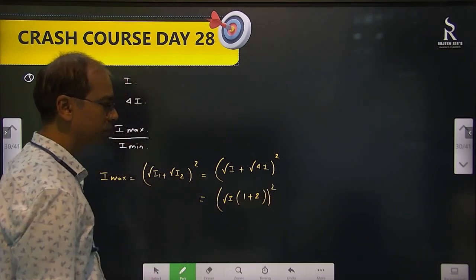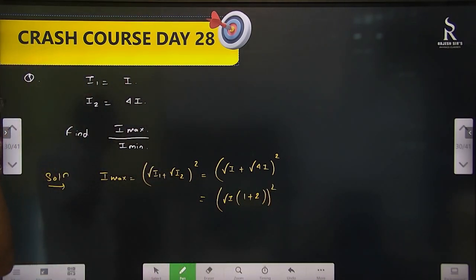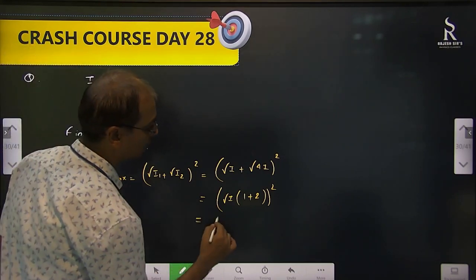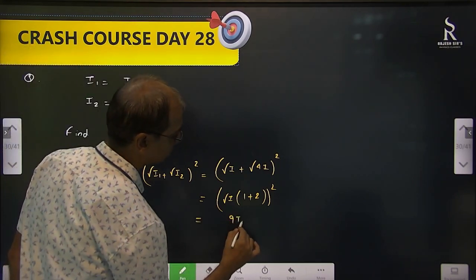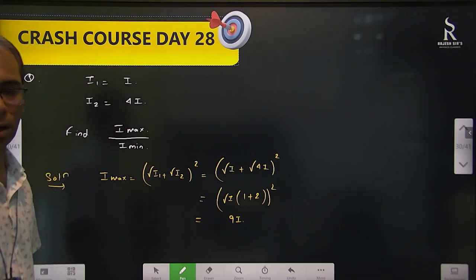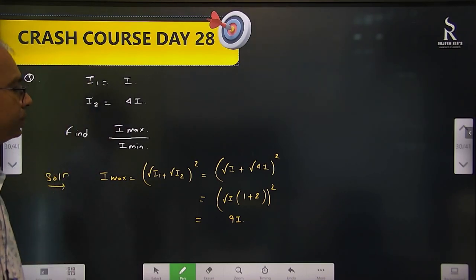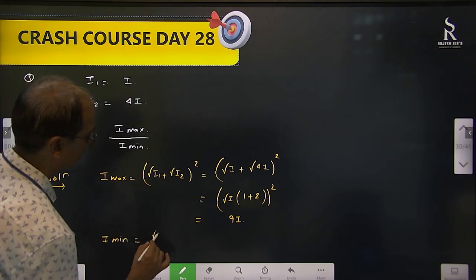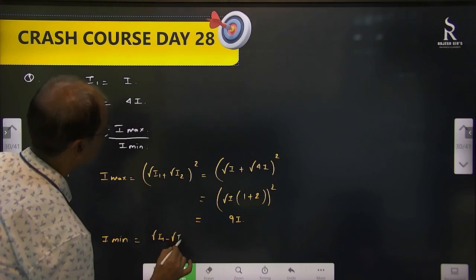So what we are getting is 9I. Alright, then I minimum is root I1 minus root I2 whole square.